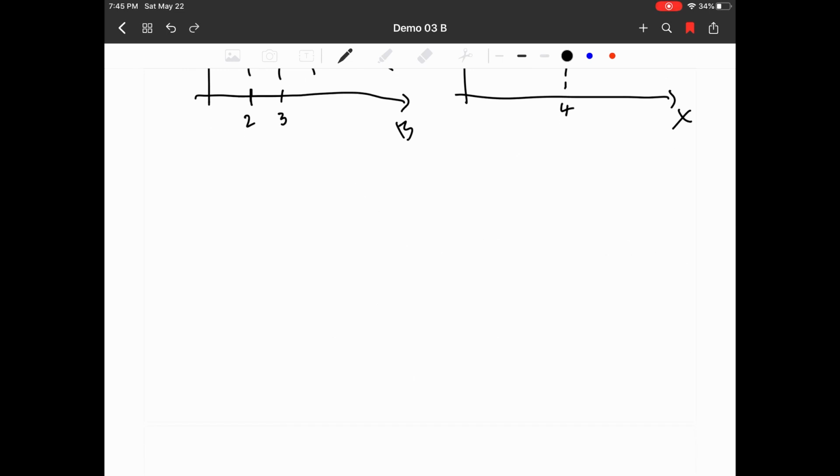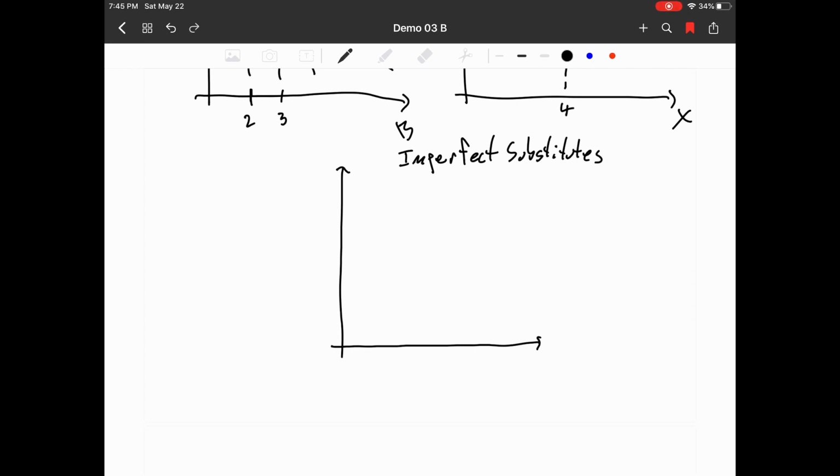In our videos so far, we've looked at cases that look more like this, which we call imperfect substitutes. They look more like this. Let's say m and n, where if I give up some of m, we go from point x1 to point x2.